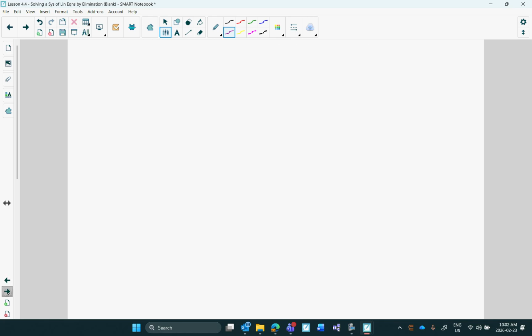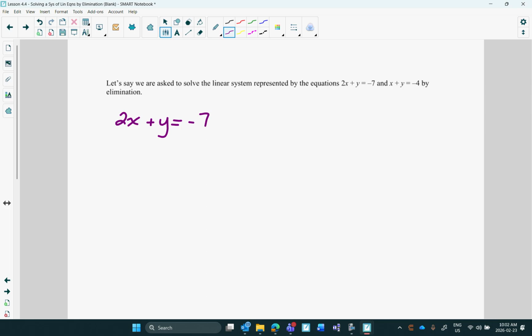So let's consider this. Here's two equations. And I'm going to rewrite them so one is above the other. And the x's are lined up, y's are lined up, and the numbers are lined up.